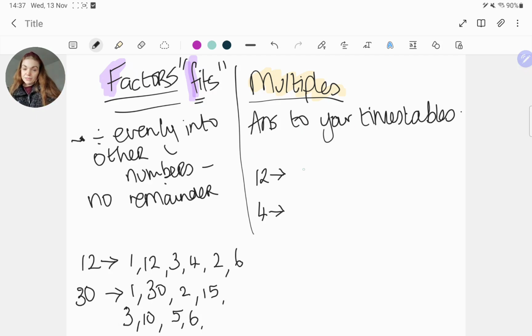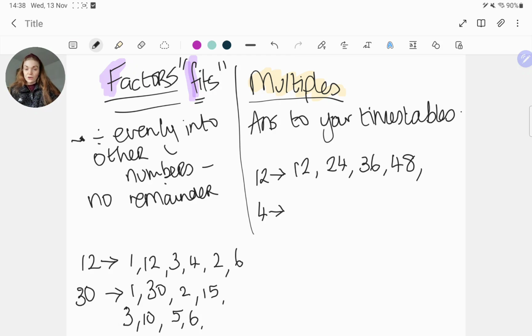The first 4 multiples of 12 are 12, because 12 ones are 12. The next one is 24, because it's 12 times 2. The next one is 36, so 12 times 3. And then we have 12 times 4, so that's going to be 48. And they go on and on.